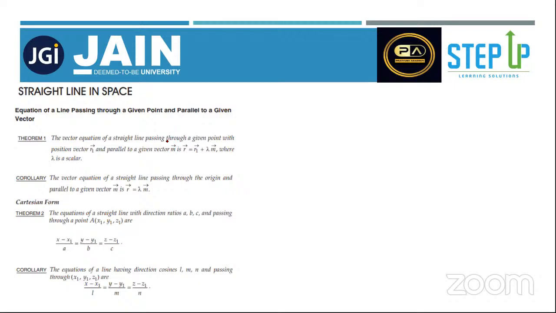Now, a straight line in the space. This is also very much similar to the straight lines only. What is the straight line formula? y equal to mx plus c. So here it is r equal to r1 vector plus lambda m vector.